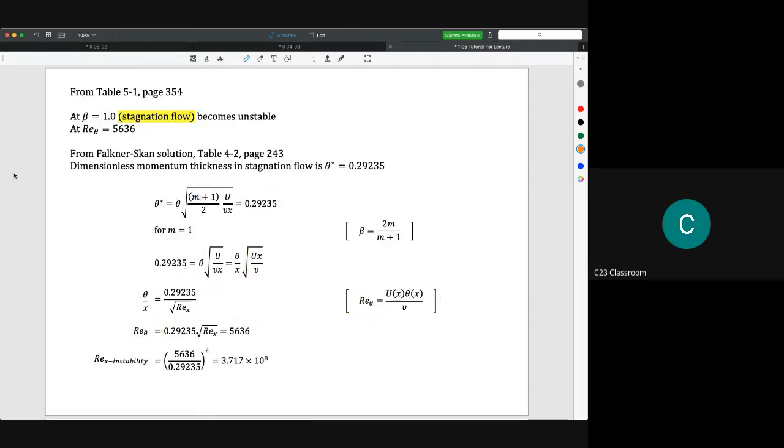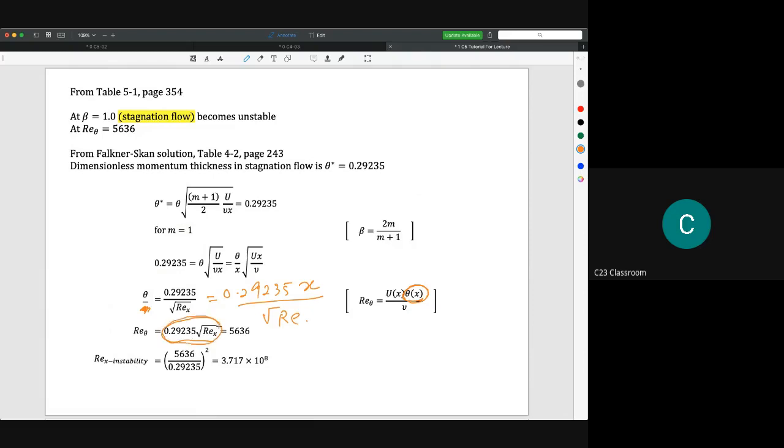You bring the x to the right hand side, so it becomes 0.29235 x over square root Reynolds. Then you substitute this value of theta, and you will get this term. Please try this at home.